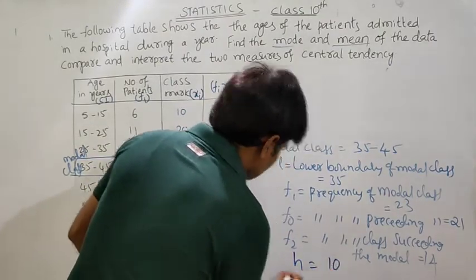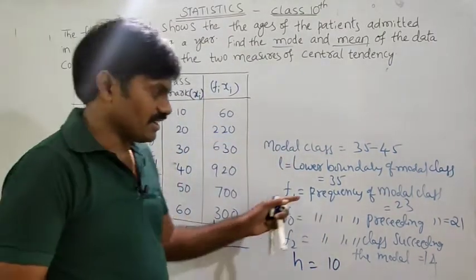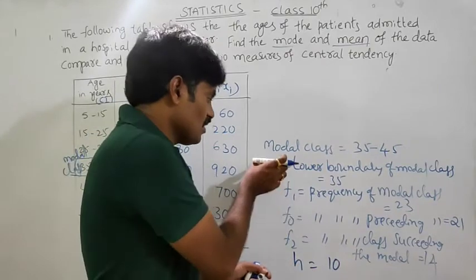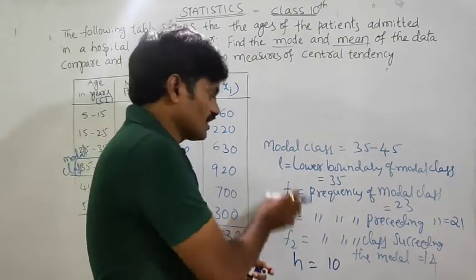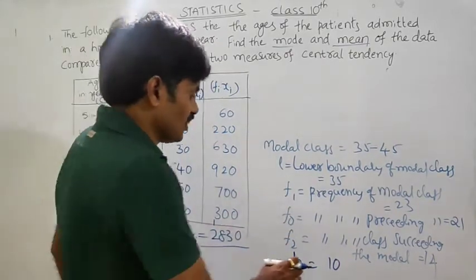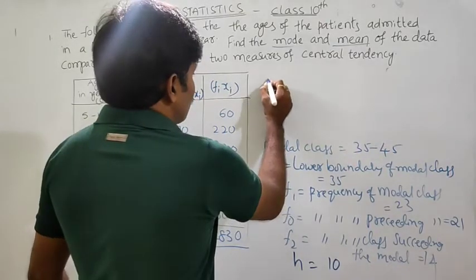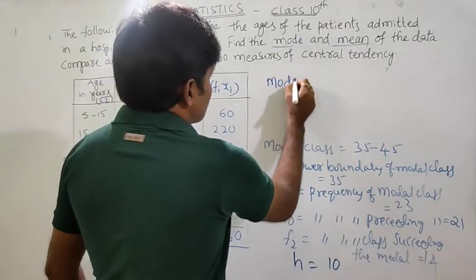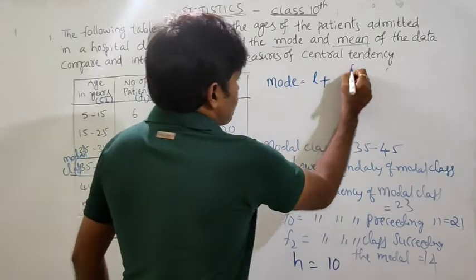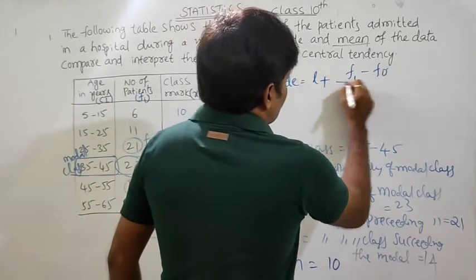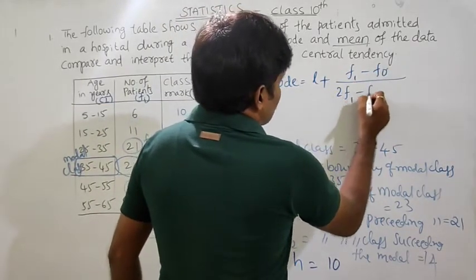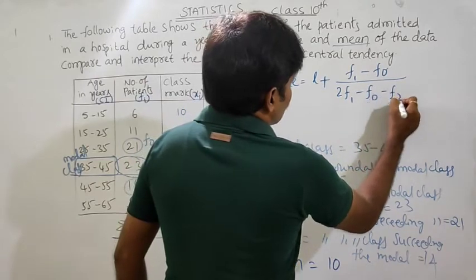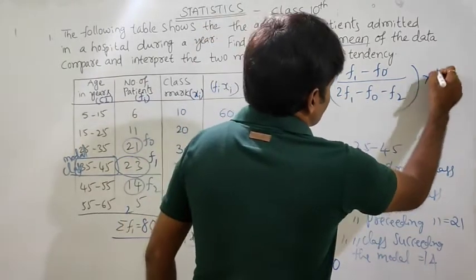We know that is 10. Here you should write the meaning of each and every letter. So h is equal to 10. Now what is the formula? Mode is equal to L plus (f1 minus f0) by (2f1 minus f0 minus f2) into h.